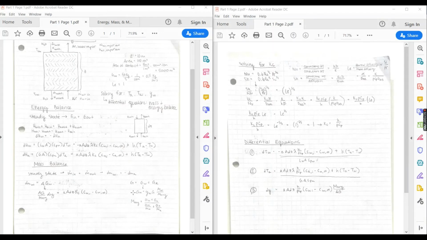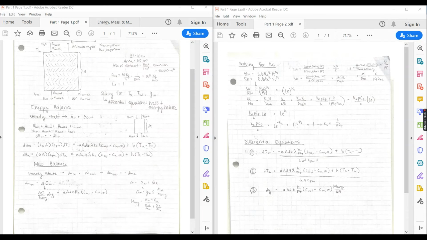So the mass flux per area of the water will be equal to the total mass flux times the mole fraction of the water. But then because we're looking at mass flux rather than molar flux, to account for the difference in molar mass between the air and the water, we then need to multiply by the ratio of the molecular weight of water compared to the average molecular weight of the mixture.